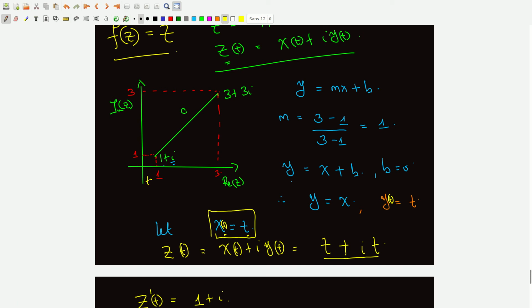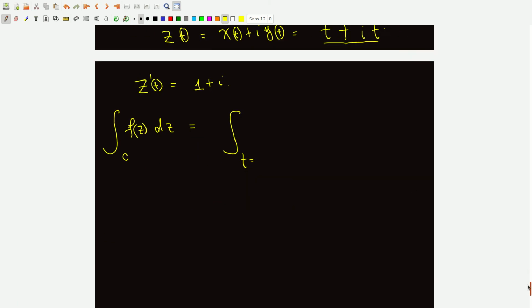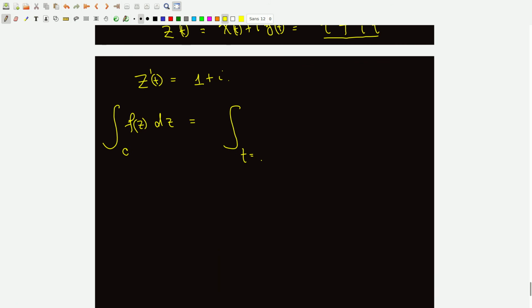So t will start from 1 up to 3. So it is the same as saying the integral from t equals 1 up to 3 of f of z of t, z dash t dt.